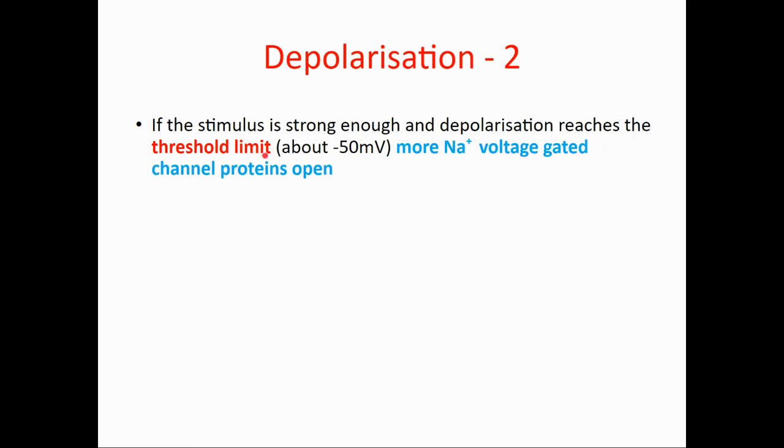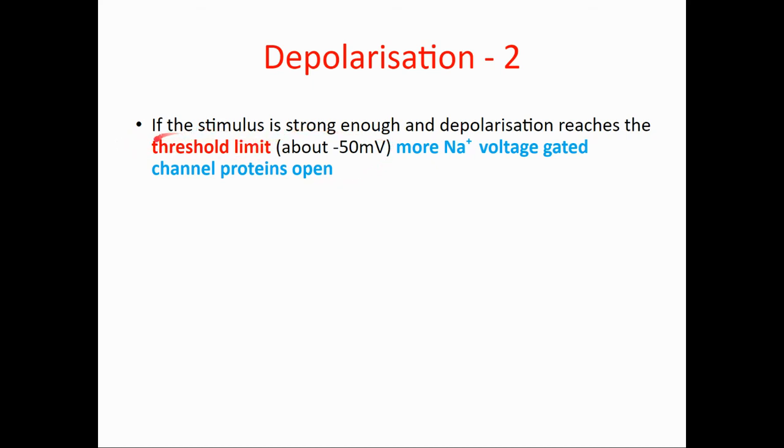Now, threshold means enough sodium ions have moved in to move the potential difference from minus 70 millivolts to minus 50 millivolts inside the axoplasm. So remember, resting potential is minus 70. Sodium ions have gone and taken that positive charge with them, making it less negative. And if it gets to minus 50 millivolts, then we have reached what's called threshold.